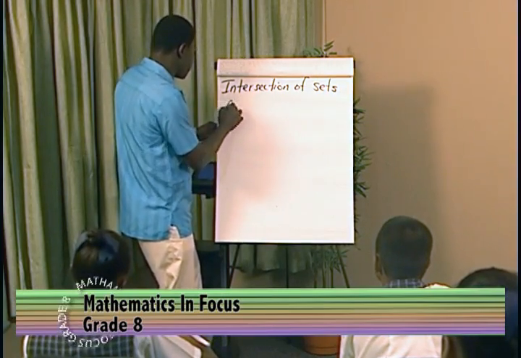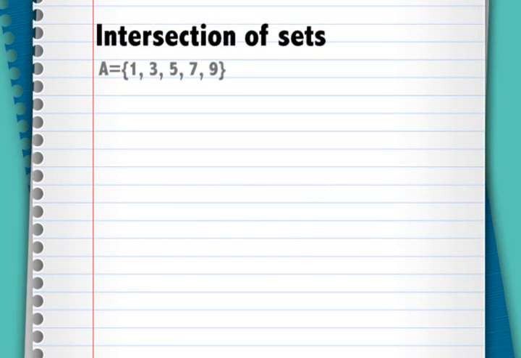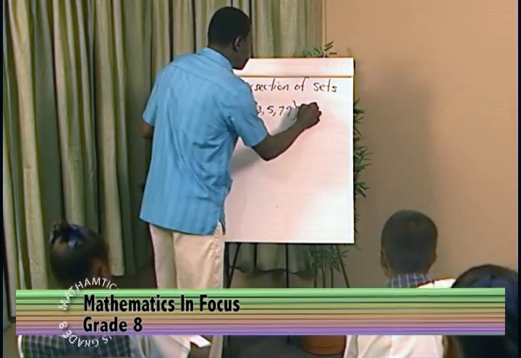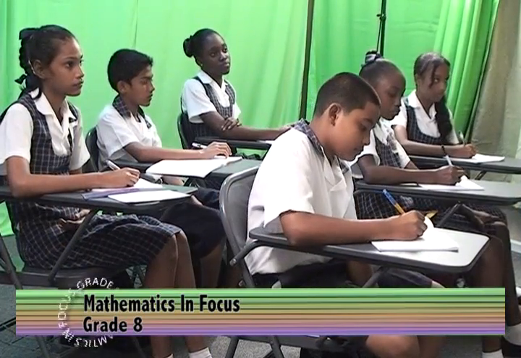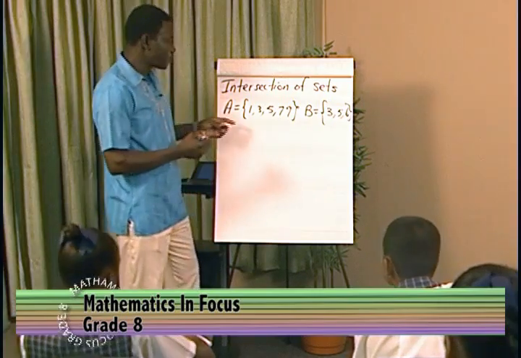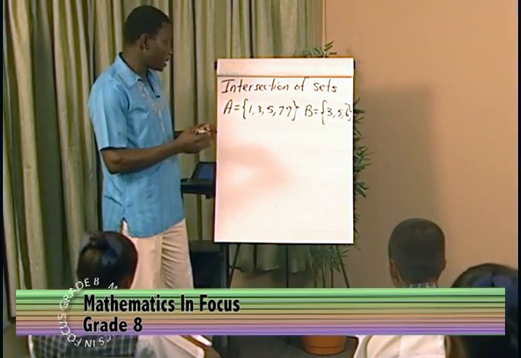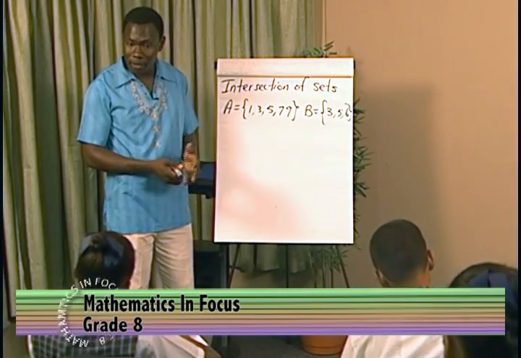So for example, if we have the set A, which is equal to {1, 3, 5, 7, 9}, and the set B, which is equal to, let's say, {3, 5, 6}. Then we can look to see whether there are any elements in common.